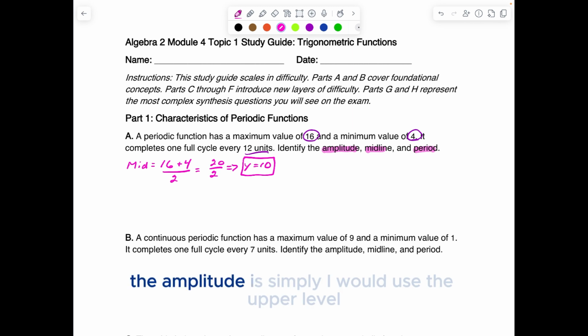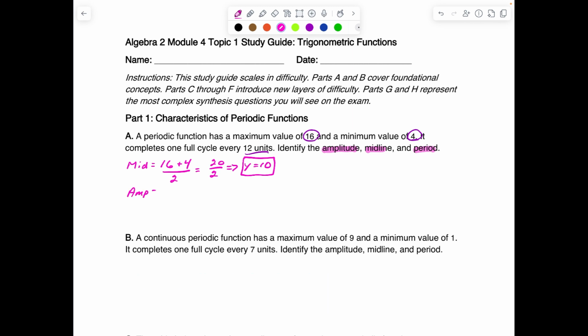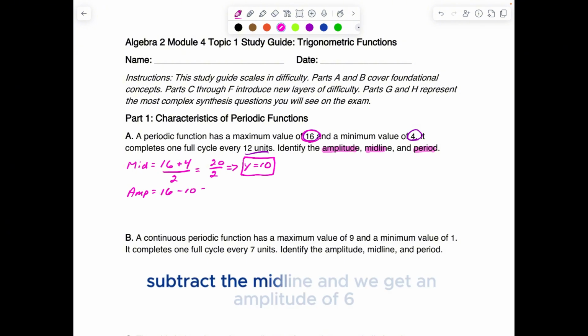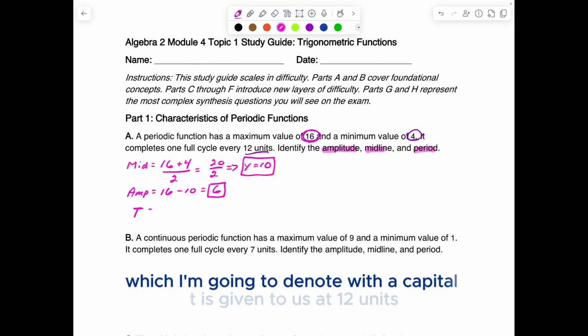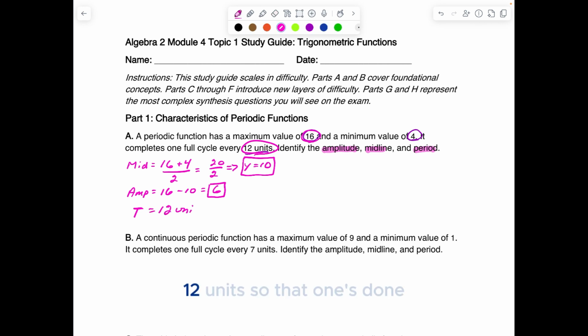For the amplitude, I would use the maximum, which is 16, subtract the midline, and we get an amplitude of 6. And that's all there is to that. And the period, which I'm going to denote with a capital T, is given to us as 12 units. So that one's done.